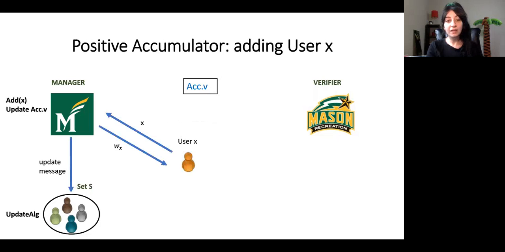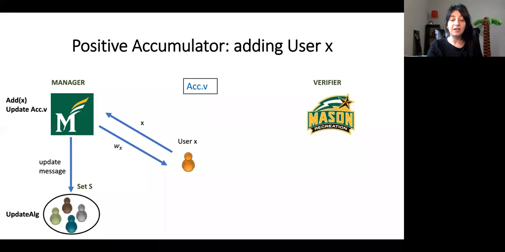If we want to add an element X, the accumulator manager would have to update the accumulator value and broadcast an update message to the rest of the previous members so they can update their witnesses.